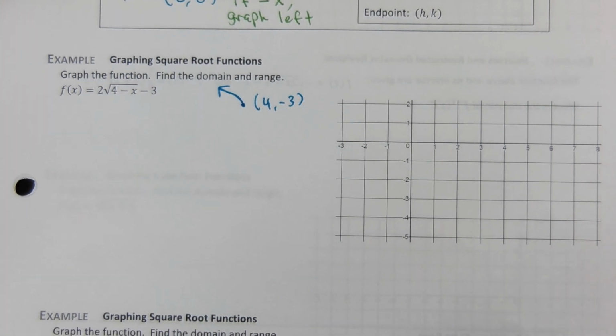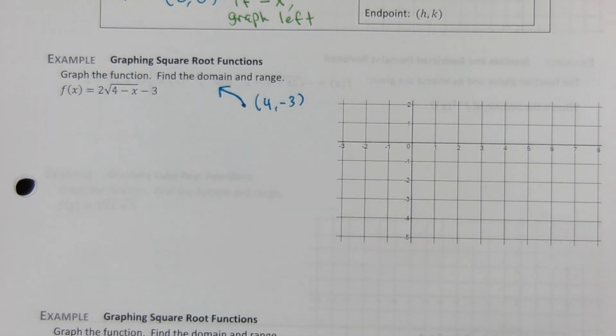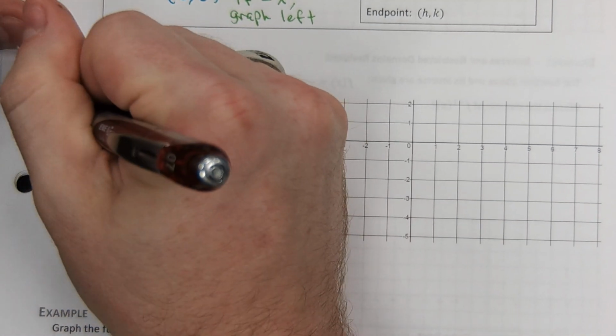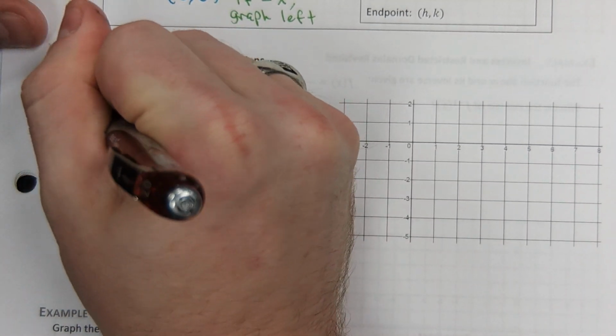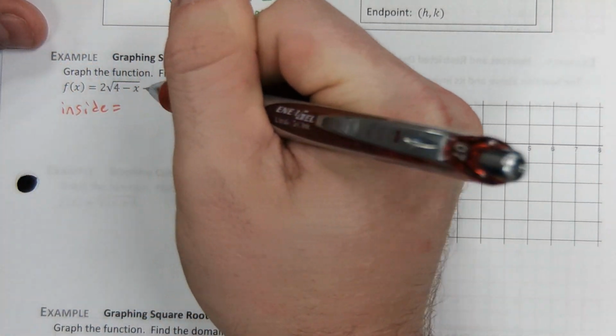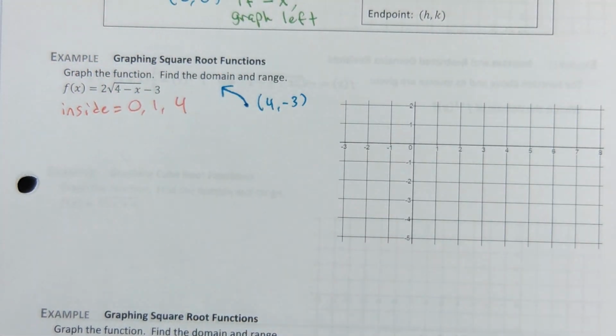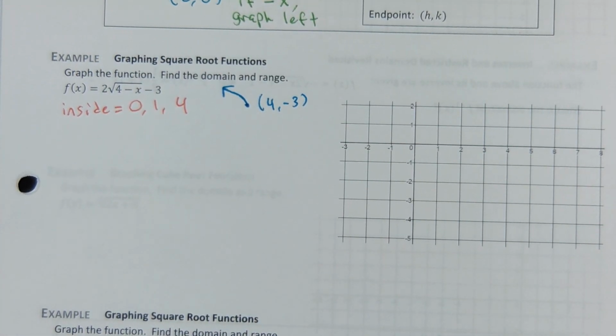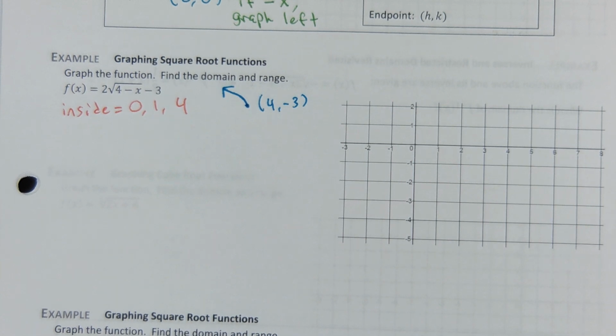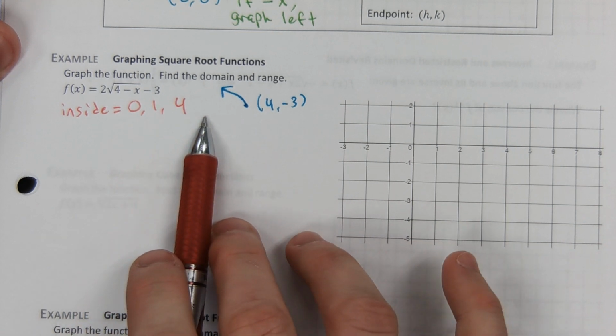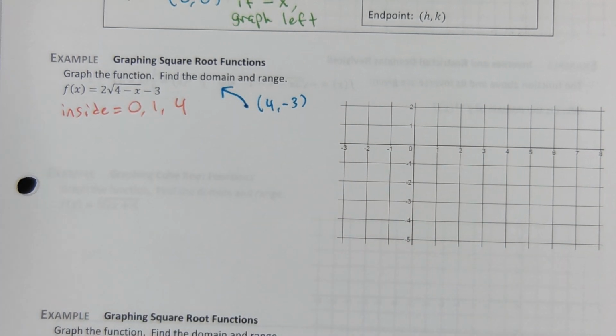Every single time you go to graph a square root function, you are going to try to figure out what makes the inside equal these 3 values, 0, 1, and 4. Why those 3? Because I'm requiring you to plot 3 dots for a square root graph. And this is what you want to occur underneath the square root bar, so that way you don't have to worry about graphing a nasty, irrational decimal.